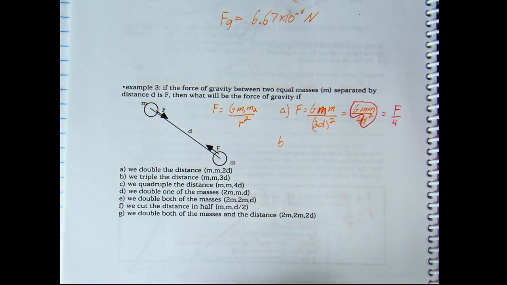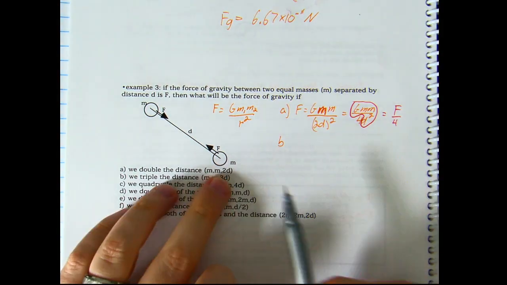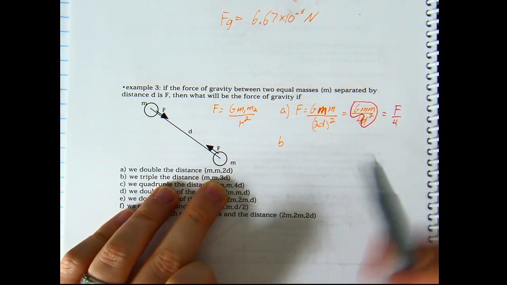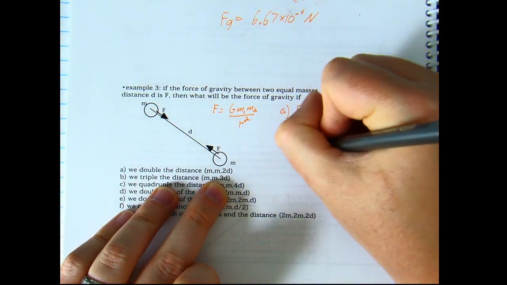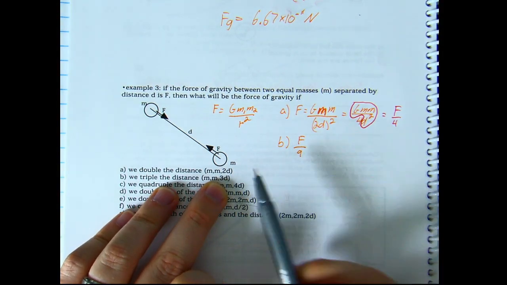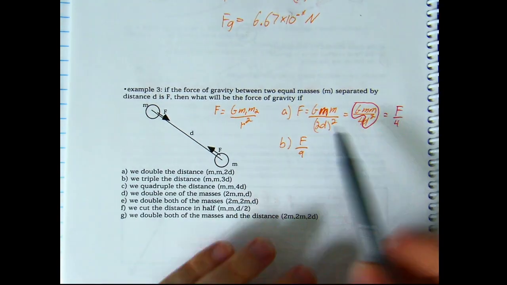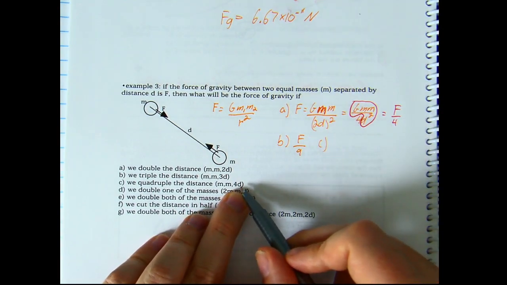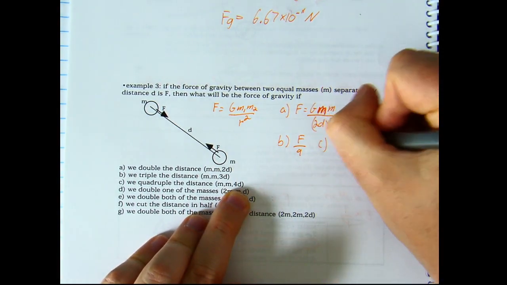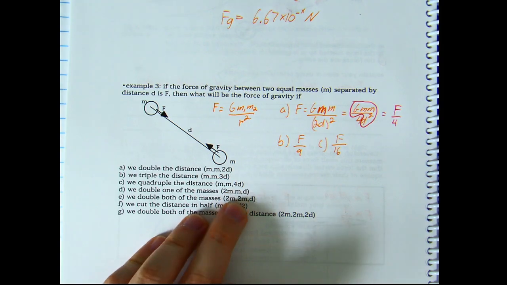I'm going to skip B because we can see what happens here. We would cube it, and we would get the force is a ninth. We'd follow the exact same thing here. C is exactly the same. If I quadruple the distance, it's going to be 1/16 the force of gravity.